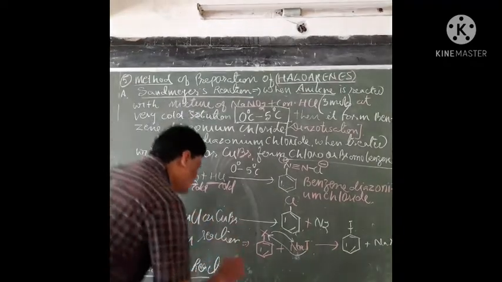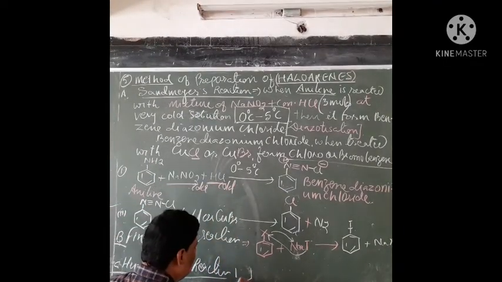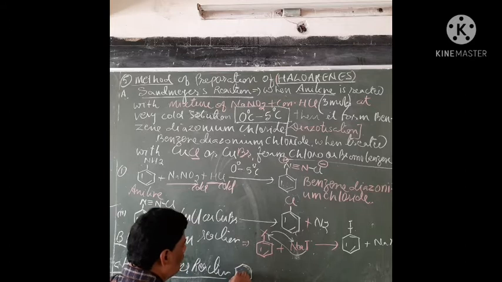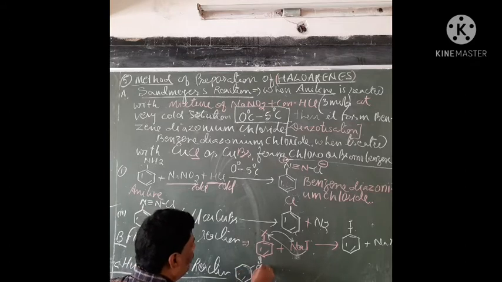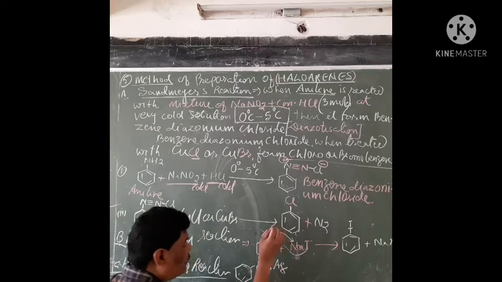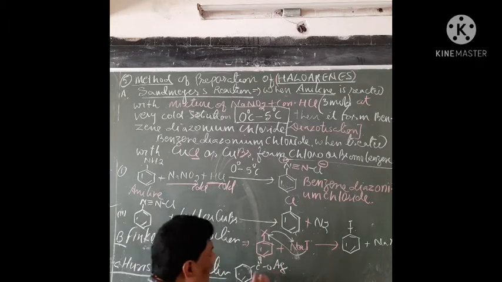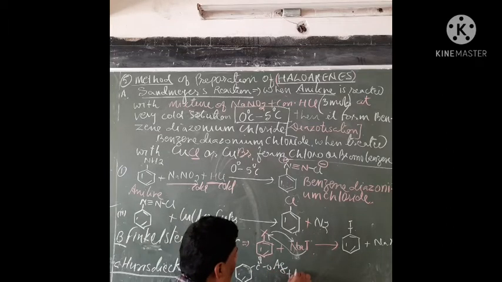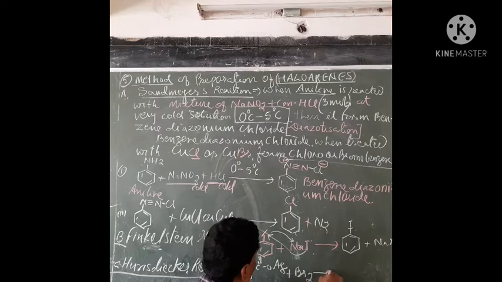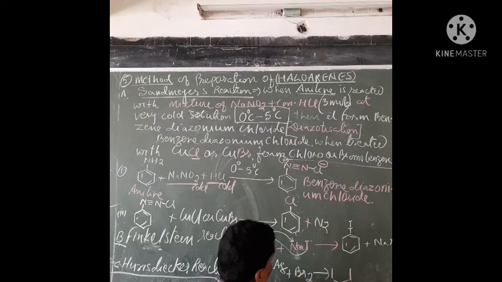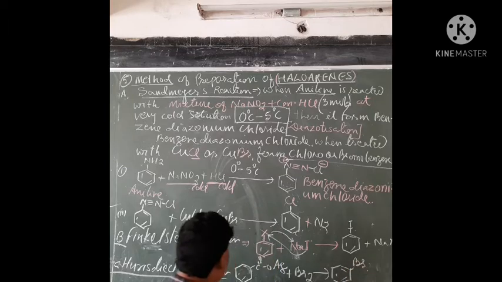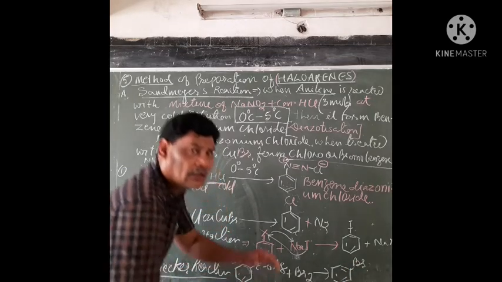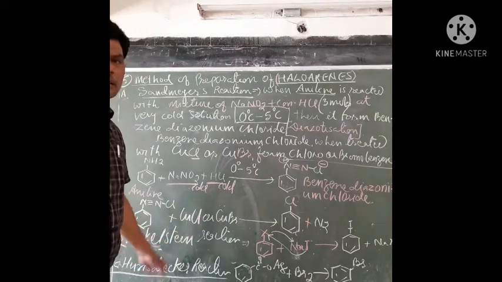Aromatic compound means, say, benzene COOAg, that is silver benzoate. When treated with Br2, it forms bromobenzene. So the reaction is just like I explained in the previous video.